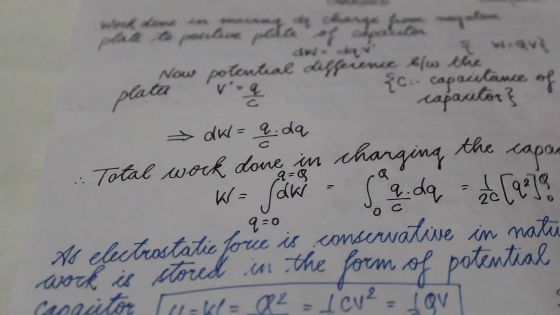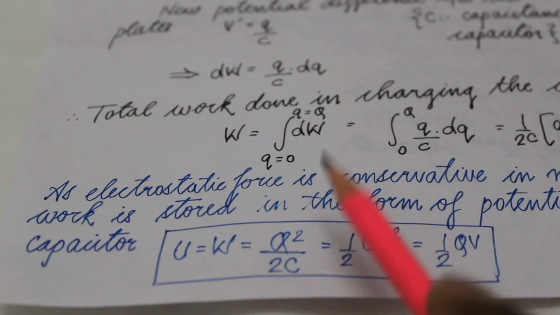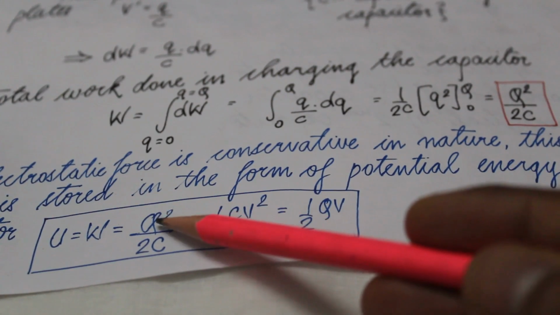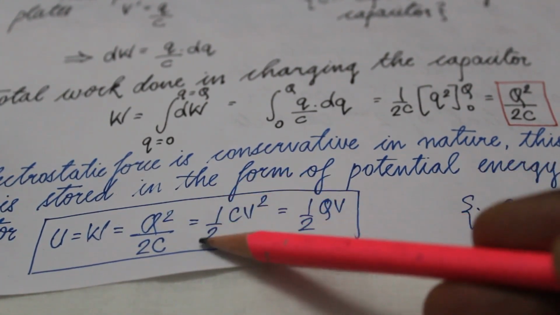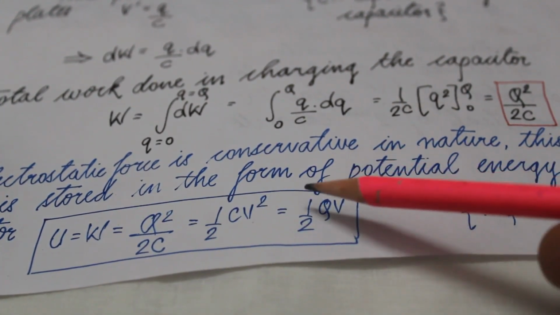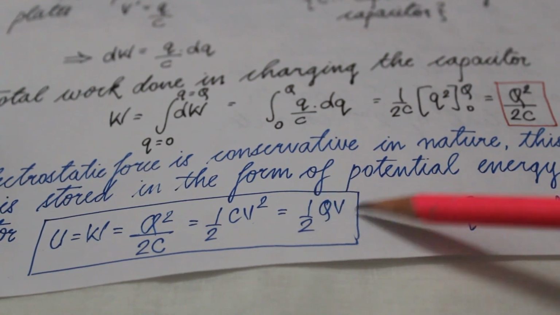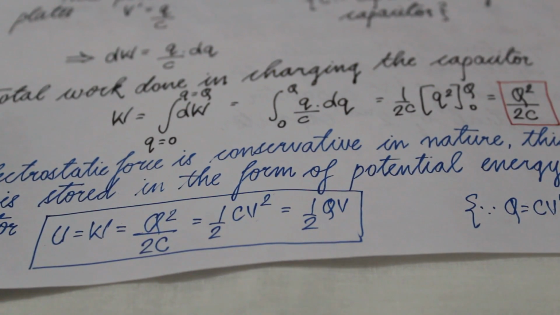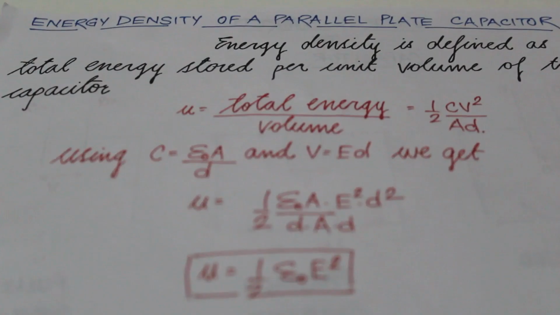So the formula for energy becomes Q square upon 2C. Now we know that Q is equal to CV. Putting the value of Q, we get half CV square, and similarly we get half QV. So these are the three formulas using which you can find out the energy stored in the capacitor.